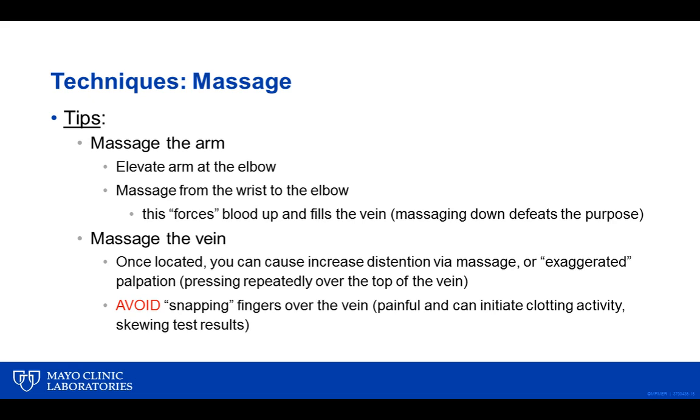Or again, if you have decided that you want to look in the hand, perhaps you found something but it's small, then you can massage in that direction down towards the hand to help move blood into that vessel. That will increase the distension of the vein, or enlarge it, which will allow you to palpate it and find it easily.